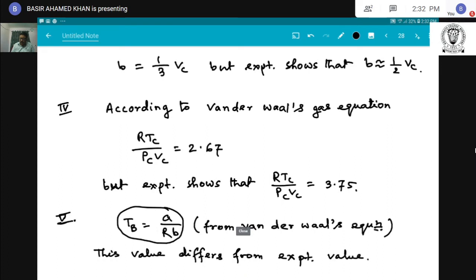That means the experimental value of Boyle temperature is not the same as that deduced from the van der Waals equation of state.